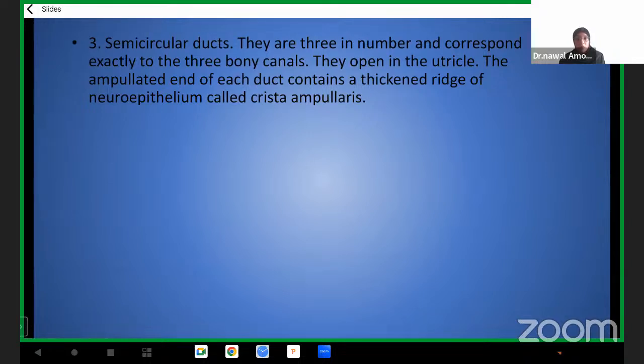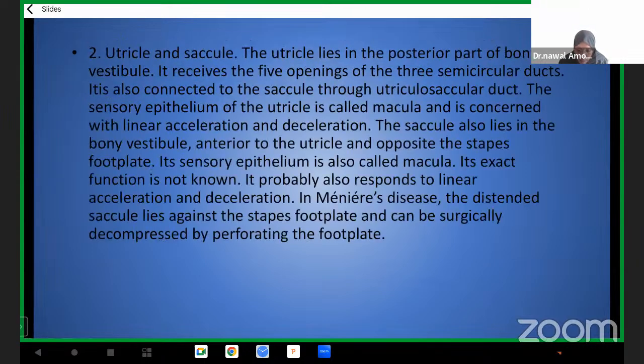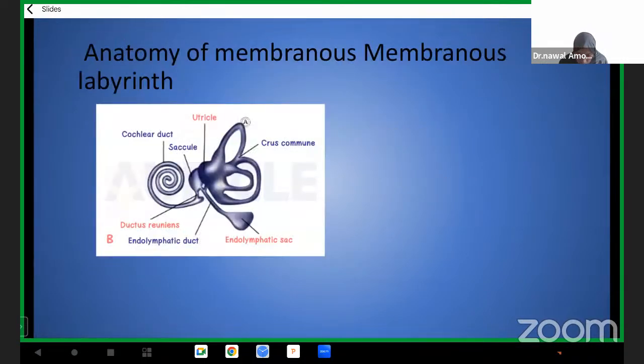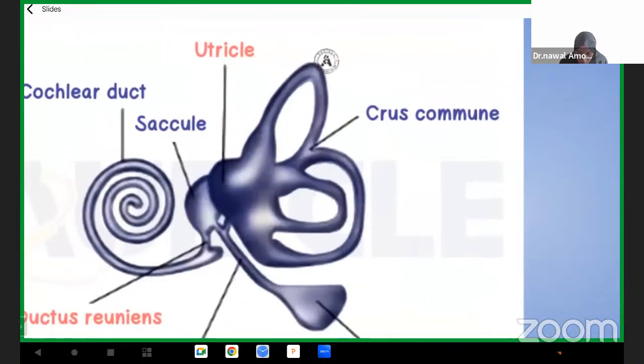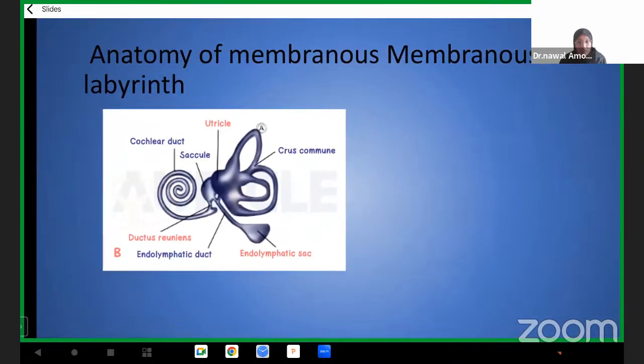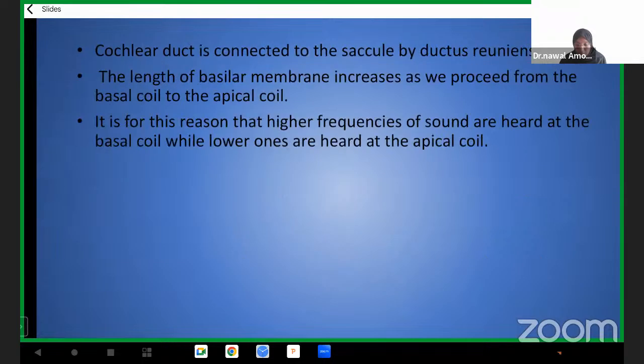They open in the utricle, and the ampullated end of each duct contains a thick ridge of neuroepithelium called crista ampullaris. Like this, it becomes thick. All the points come down together and it becomes the crista ampullaris, formed by neuroepithelium.